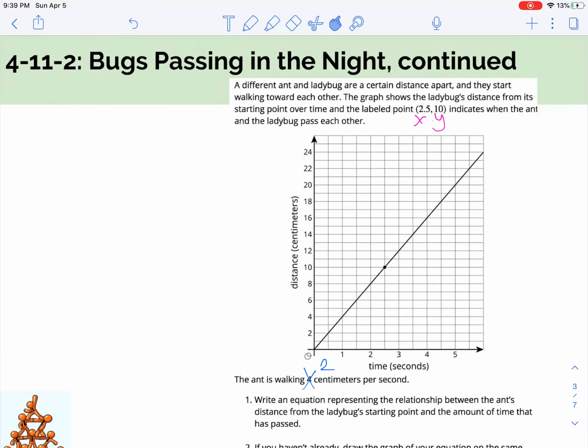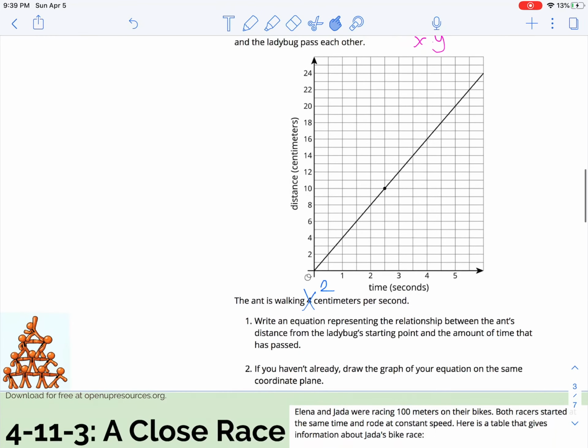And then the first question wants you to write an equation representing the relationship between the ant's distance from the ladybug's starting point and the amount of time that has passed. So they're just wanting you to write the slope equation for this line, the y equals mx plus b for the ant.